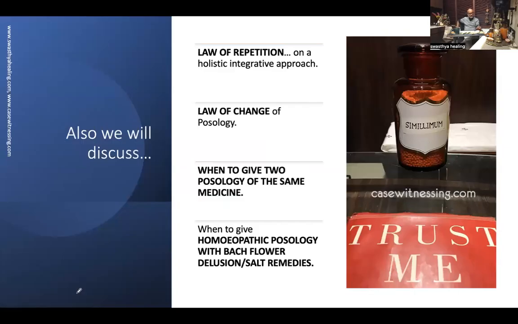I will also discuss the simple scientific module of repetition, change of posology, specific areas where you can use two posologies of the same remedy, and other specific situations where you can use homeopathic posology along with other alternative medicines like Bach flower or the Schuessler salts.